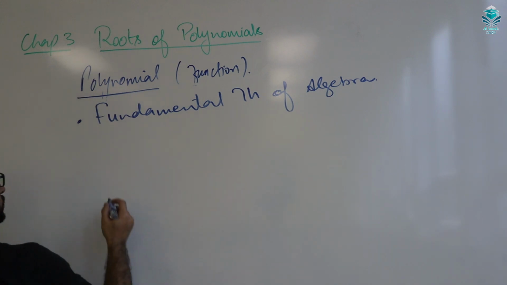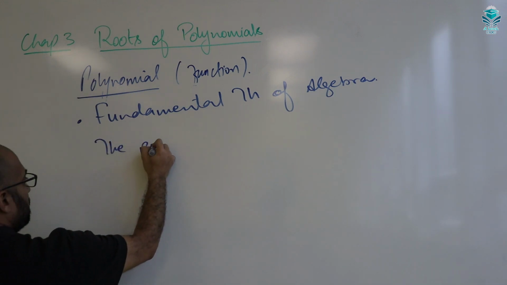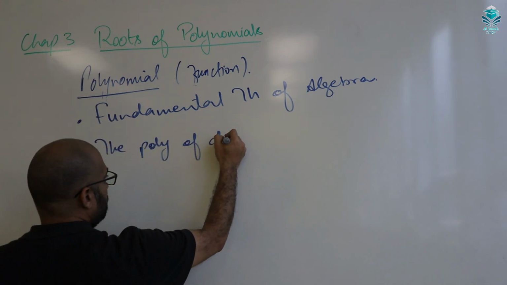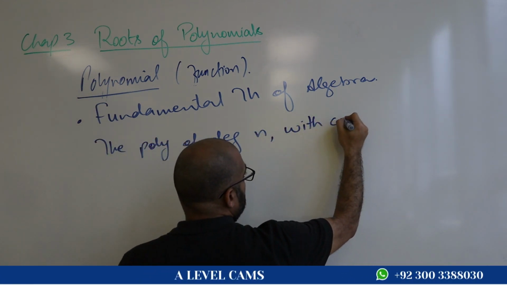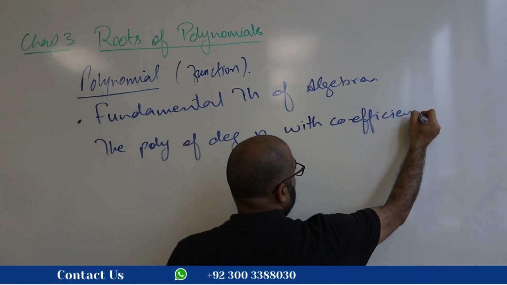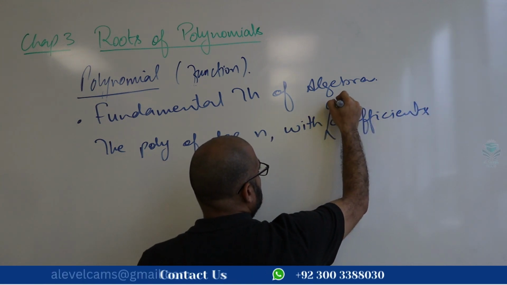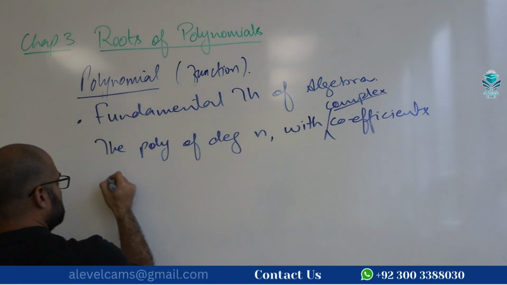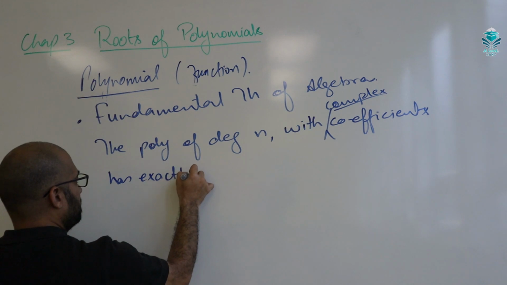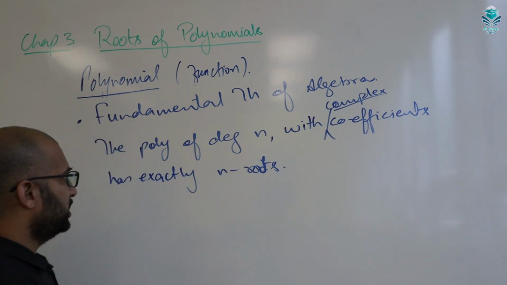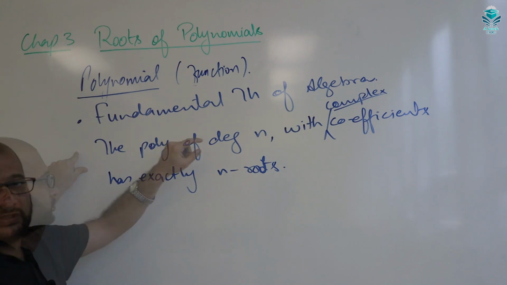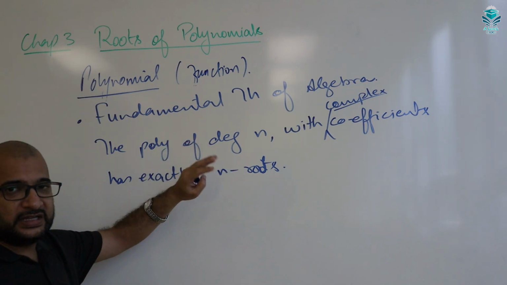This theorem says the polynomial of degree n with complex coefficients has exactly n roots. It means the polynomial with complex coefficients has exactly n roots.